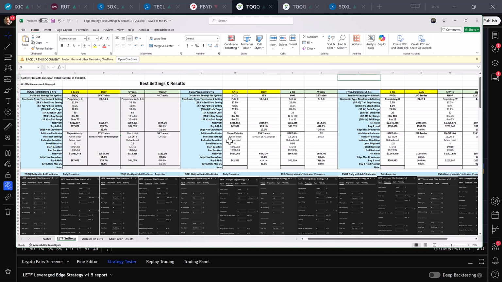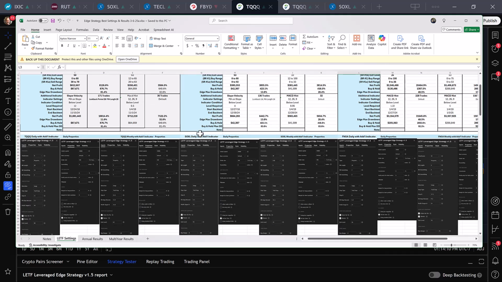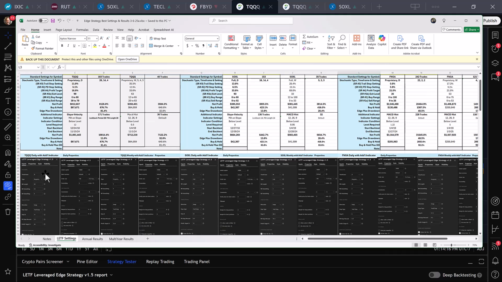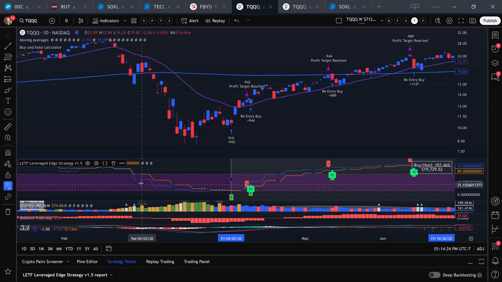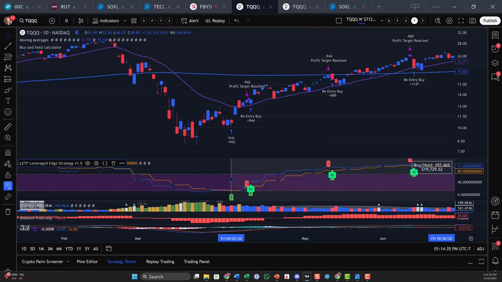But there's quite a few different ones, and what is here is not only the settings, but down below that is what the actual input page looks like. So we've got the input here, all these different settings, and that is actually in the spreadsheet.